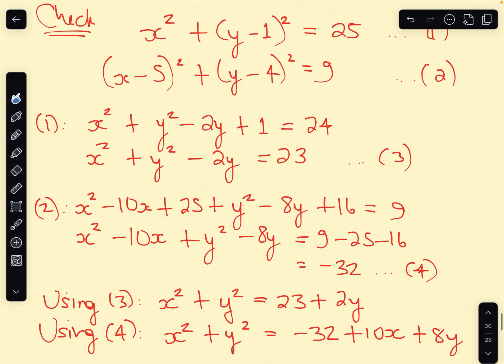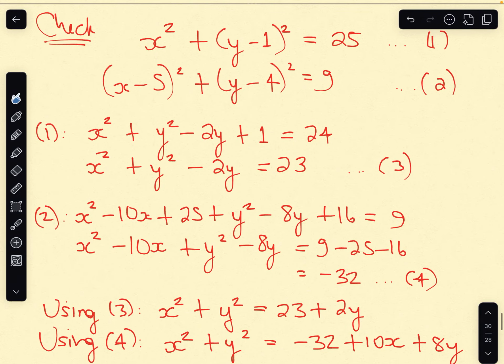So let's just go over everything one more time. So we said x squared plus y minus 1 squared is equal to 25. We expand. That expansion is correct. Why is it 24? Why did it become 24?